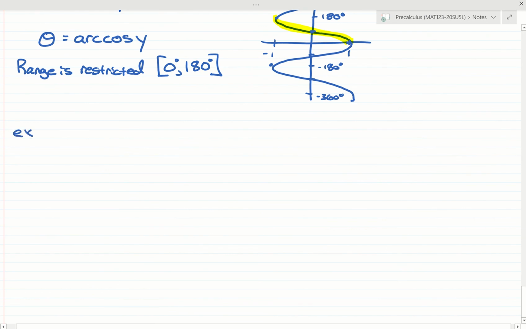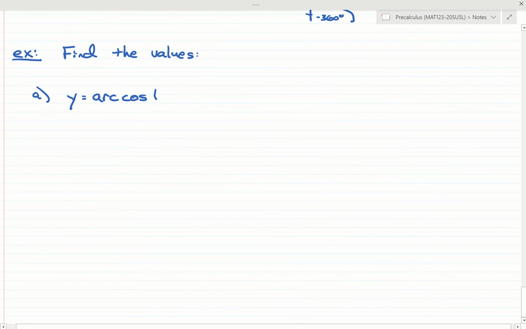So let's do some examples. Find the values, let's say y is equal to the arc cosine of 1. When is cosine 1? That happens along the quadrantal angles, or along the unit circle. Cosine, remember, is the x value, and right here the x value is -1. At 0, the x value is 1.